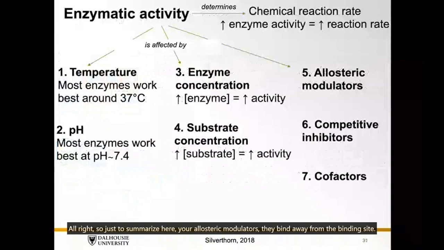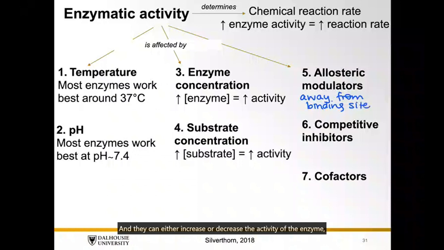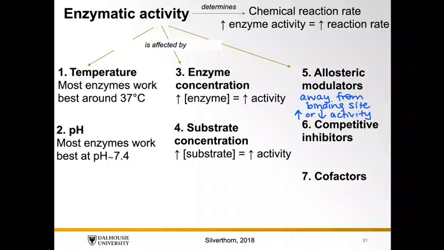All right, so just to summarize here, your allosteric modulators, they bind away from the binding site. And they can either increase or decrease the activity of the enzyme, depending if it's an activator or an inhibitor. Competitive inhibitors bind at the binding site.